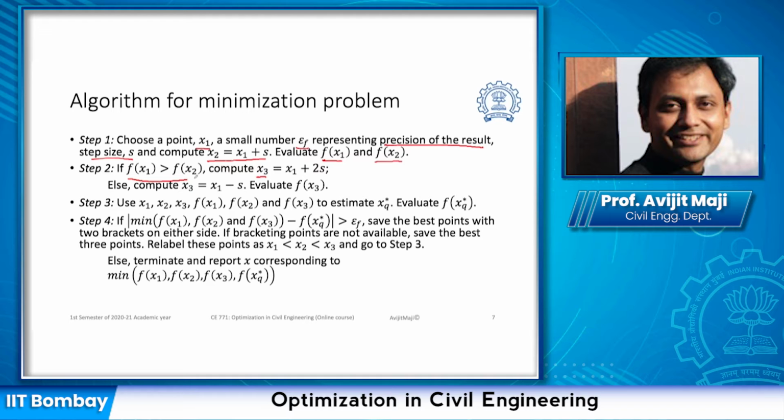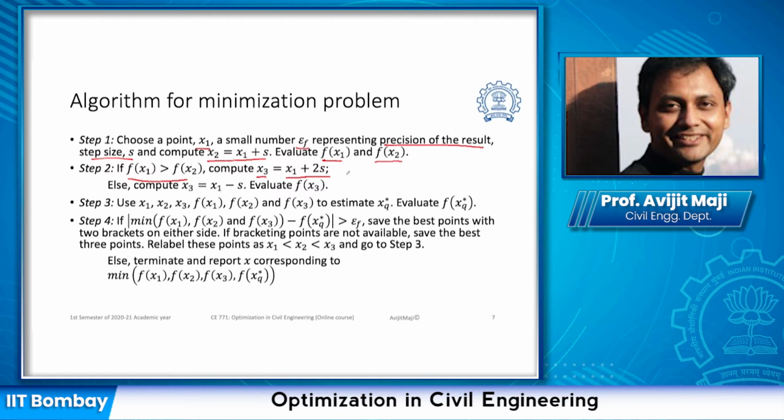If we find that the function value at x2 is lesser than the function value at x1, then we are going in a direction where the objective function value is going to reduce. So we select the third point even further away from the second point, and that is why the third point is x1 plus 2s.